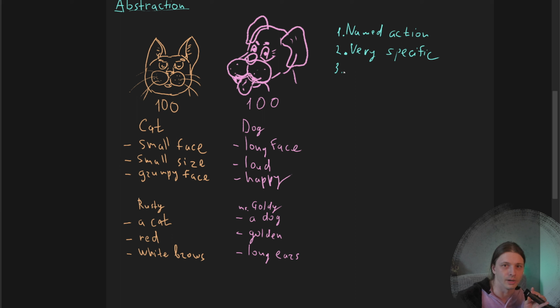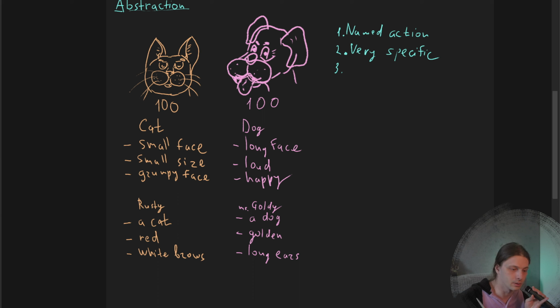It's just too many properties. And it didn't scale. So we invented a way to group common properties of the species, of the type of animal, and give them unique names. In our case, cat and dog.